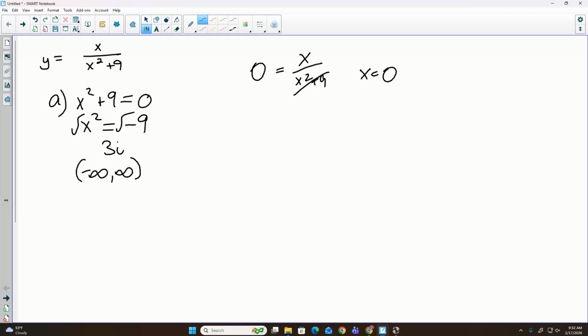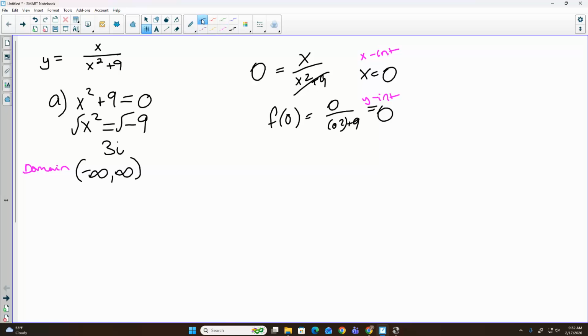And then for the y-intercept, you're going to set x to 0, so this just equals 0. I'm going to label a couple things here. So we had our domain, x-intercept and y-intercept that we found so far.